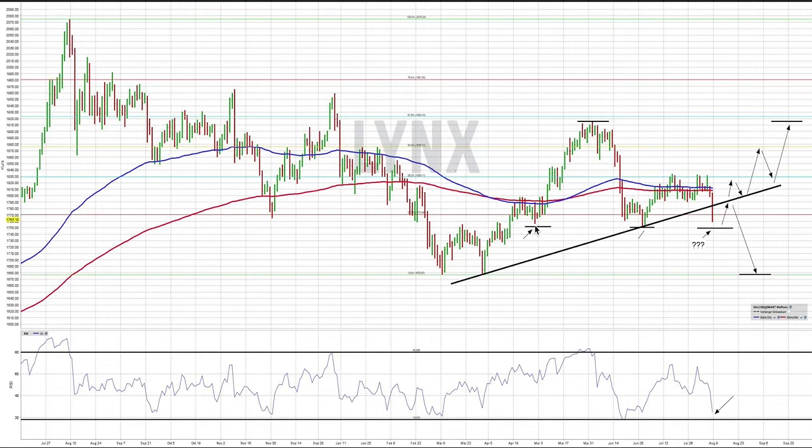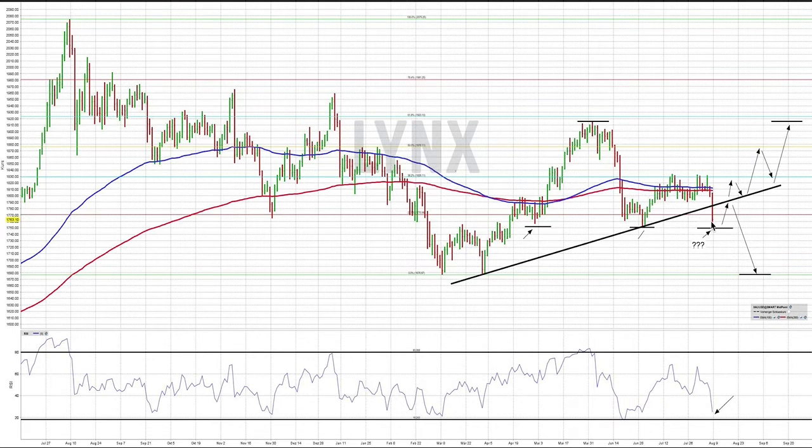I simply added them because we have some lows and some possible support zones here, just because there is something like a line you could draw and see a support zone around this level of 1,750s. So there is a low from the end of April here, a low from the end of June here, and now we got one here as well.